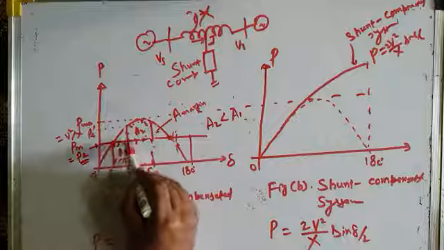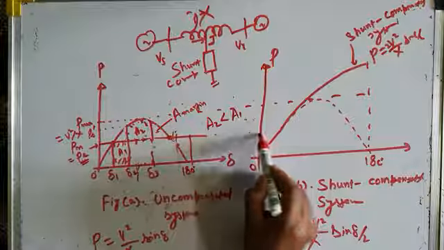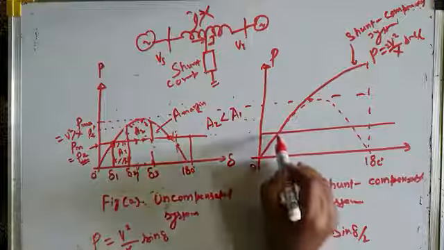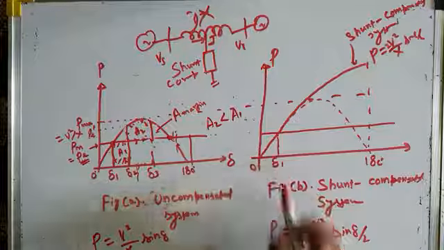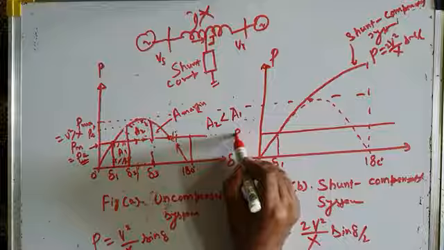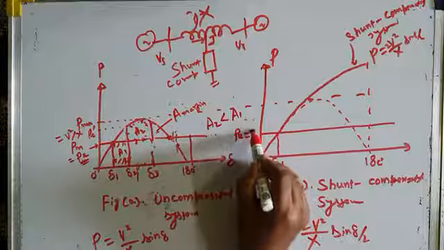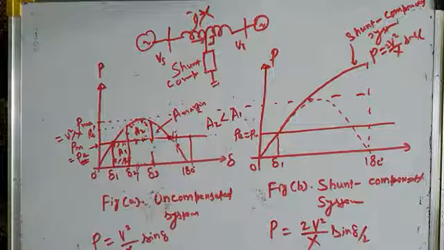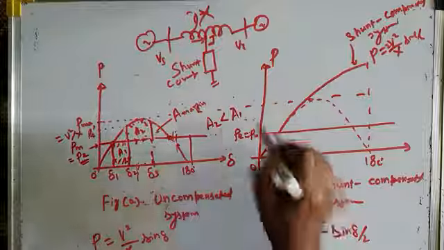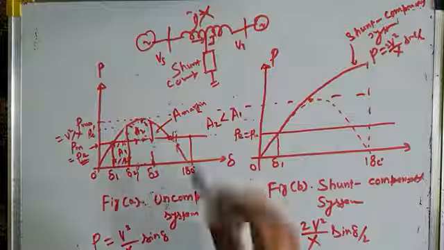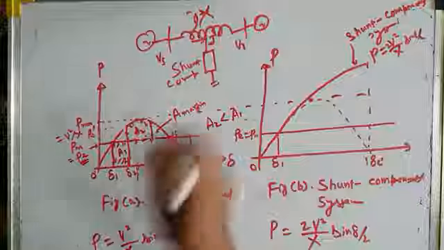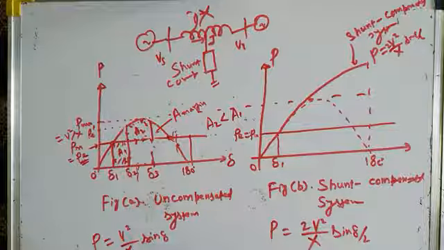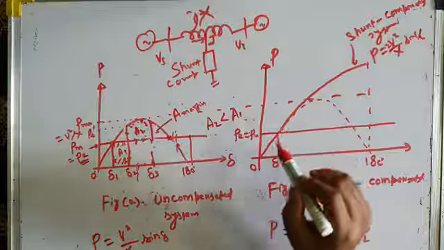And let us again assume that our system is operating, say, at delta 1. Initially it is operating at a transmission angle delta 1, where electrical output is equal to mechanical input, P is equal to Pm. And let's again assume that a fault has occurred in the system. As soon as the fault occurs, the line is tripped, the electrical output is zero, the mechanical input is the same, it's constant, and the machine starts accelerating.